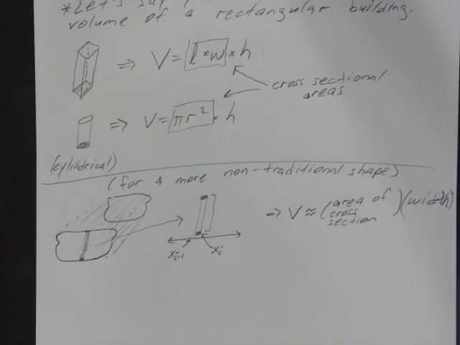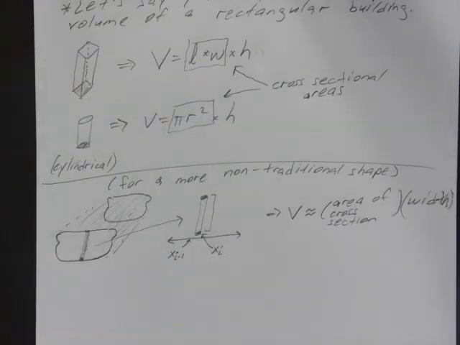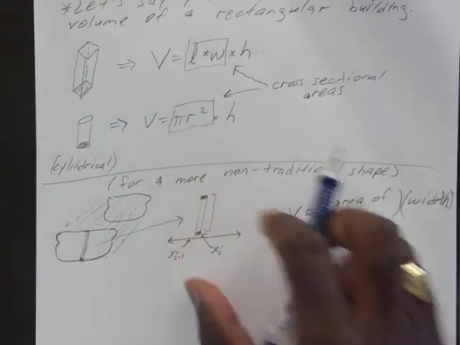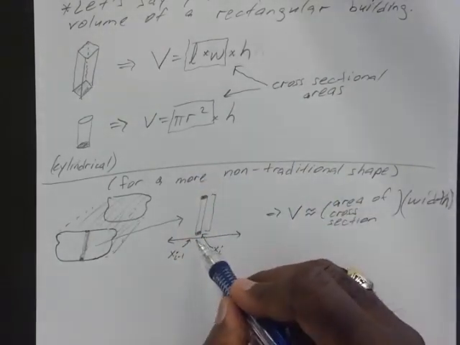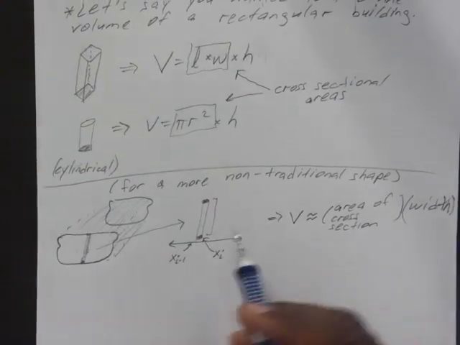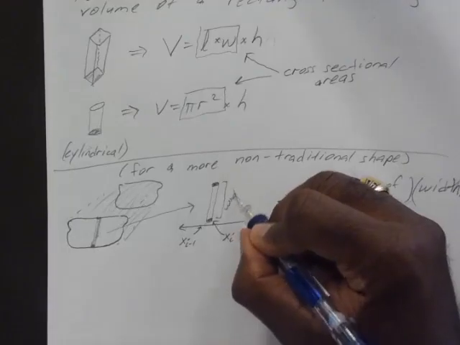I'll leave it as height. I'll leave it as width. So for this one, if we lay it sideways, we have the area of the cross section, which in that case would be your height and your width.